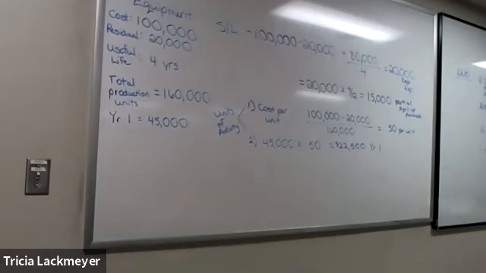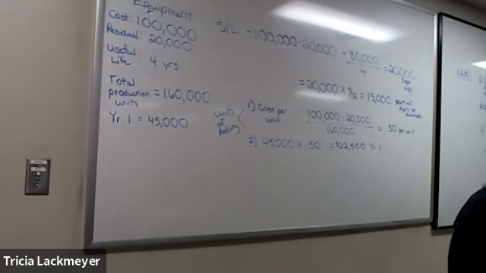So be mindful of that when you're reading exam questions. Look at the date we purchased it. Look at whether they're asking for year one. Sometimes they may say we purchased it on April 1st, but they want year two for straight line, so then you don't have to worry about partial year. Just be careful on the test. I always encourage students to take your time and read the fine print.